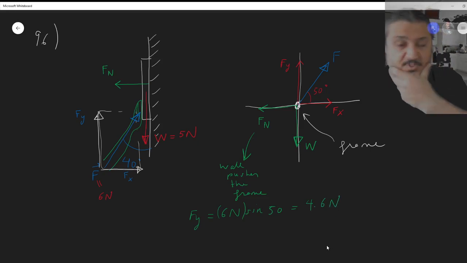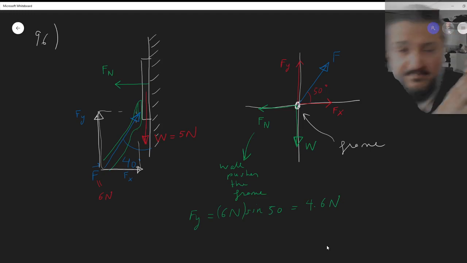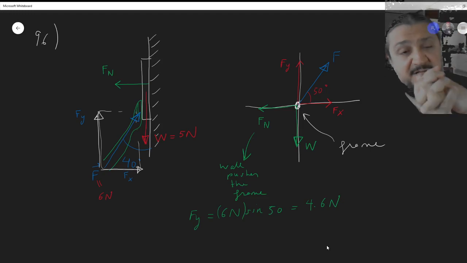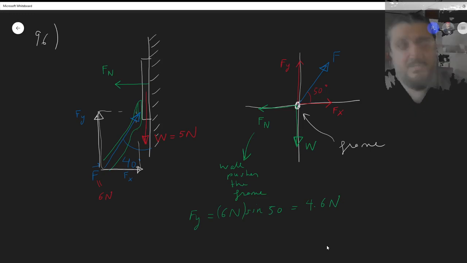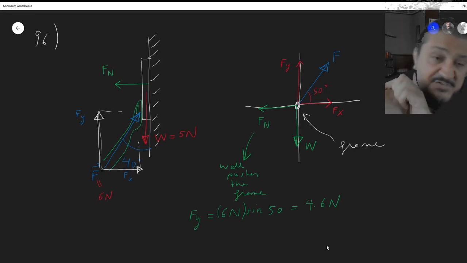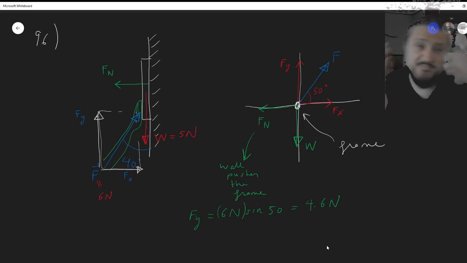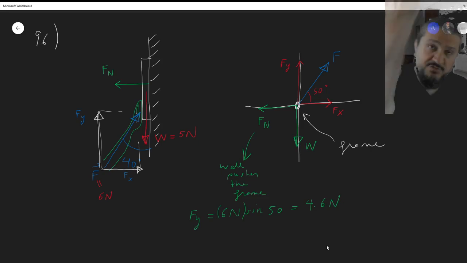So is 4.6 greater or less than 5? Less than 5, right? But the frame is not moving, you're holding it in place. So something is actually helping you keep the frame there. You're pushing it with a force equal to 4.6 newtons in an upward direction.